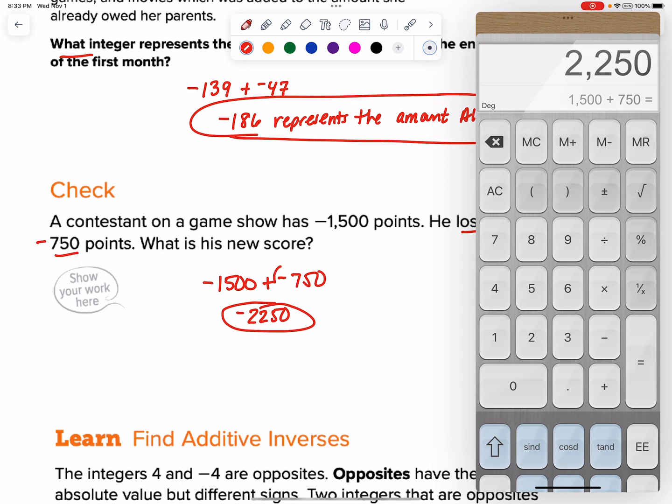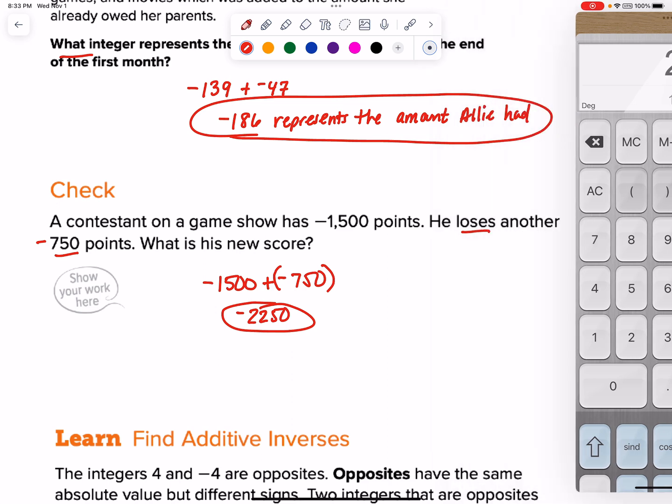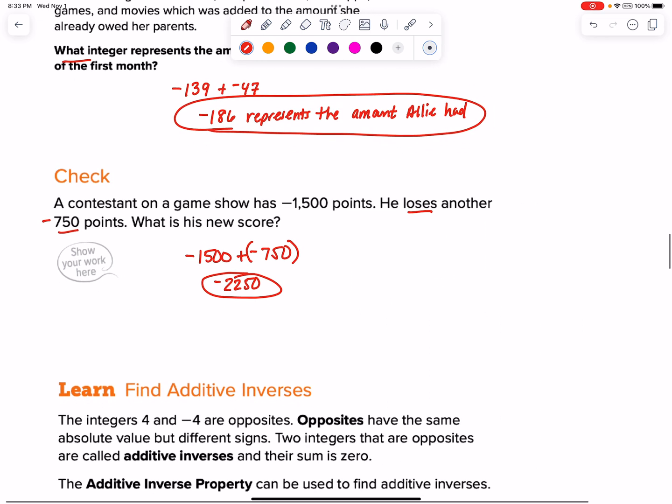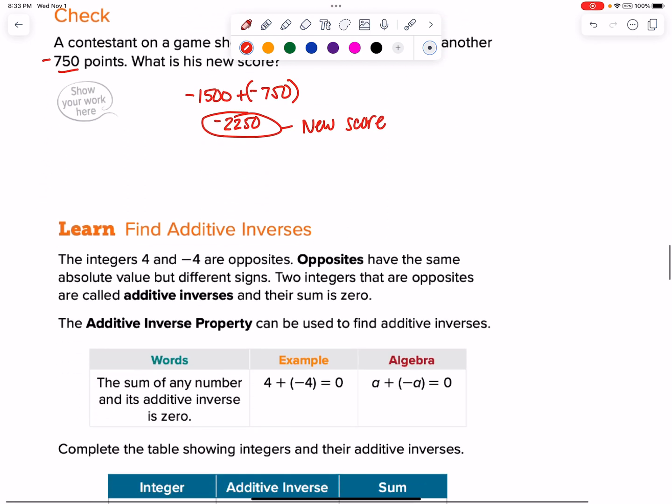Now, one thing that you'll see a lot is you'll see this negative in parentheses. That doesn't mean multiplication. It's negative 1,500 plus a negative 750, but we're just separating those two symbols or those two signs. Okay. All right. So we can go ahead and put this as new score.